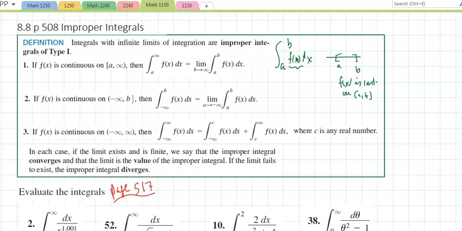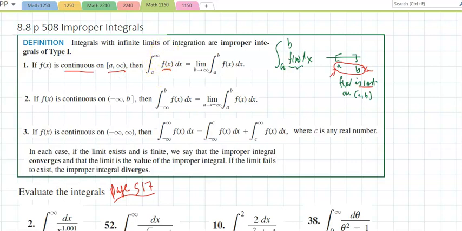So what are the exceptions? The exceptions would be if a and b are not finite, they're infinite, or if f is not continuous. So the first half of this section, these problems I'm going to do right now, are going to deal with what if those are not actually finite, such as if f is continuous on a to infinity, and I integrate from a to infinity.